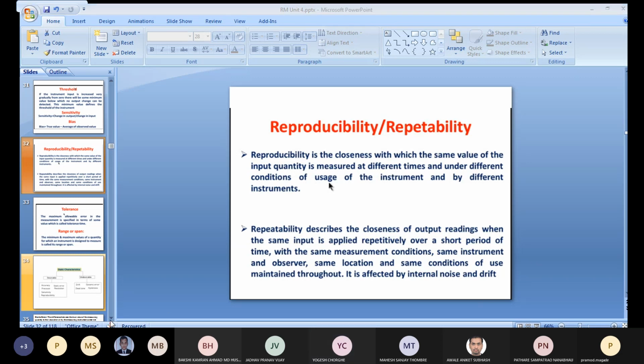Aniket, Mahesh, Sagar. Yes, Mahesh, you can speak. It is the degree of stability. Degree of stability we cannot say. Do you have any example?